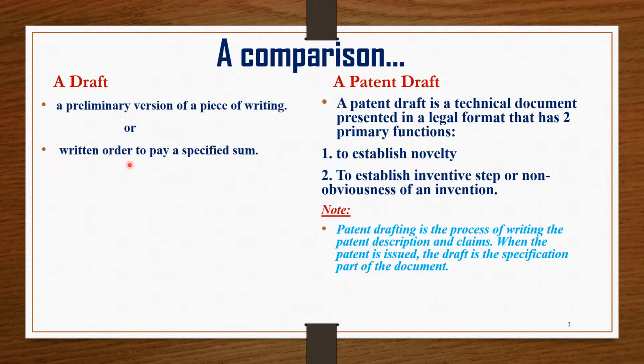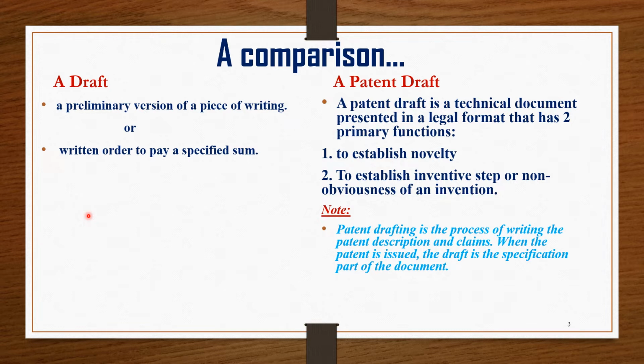Or we can say a draft is a written order to pay a specified sum. So this is the normal and literal meaning of draft. Now we will go towards what is a patent draft, because this is the demand of our legal world or the world of patents. Let us see.